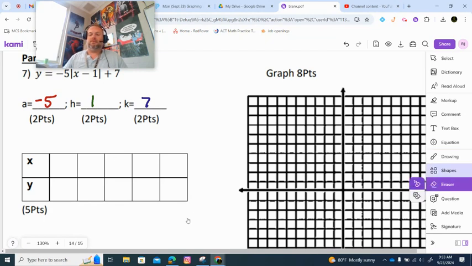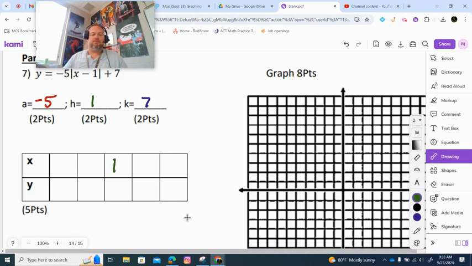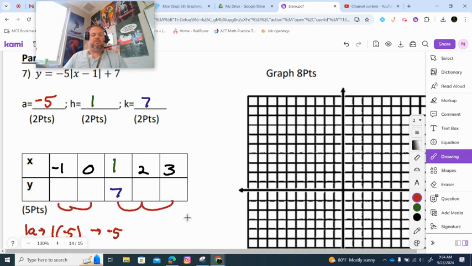Oh, my goodness. Two and three. All right, so this is 1A. 1 times negative 5, so we're subtracting 5 each time. So this would be -2, and then -7.